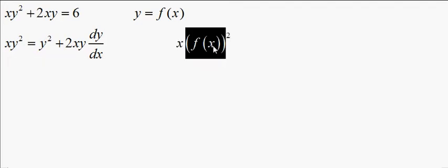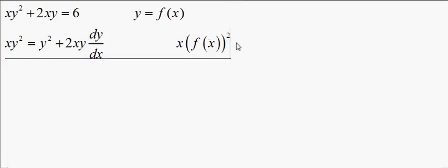That y is really a function of x, like this. And this term is a composite function, which means you need to differentiate it as such. You need to use the chain rule on this function.